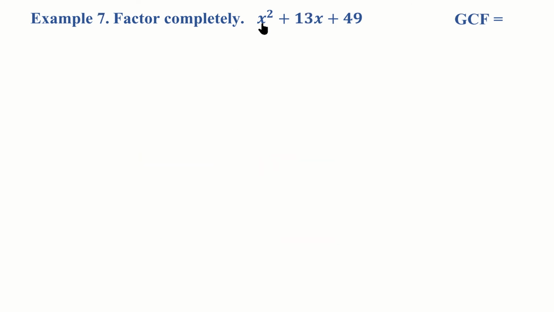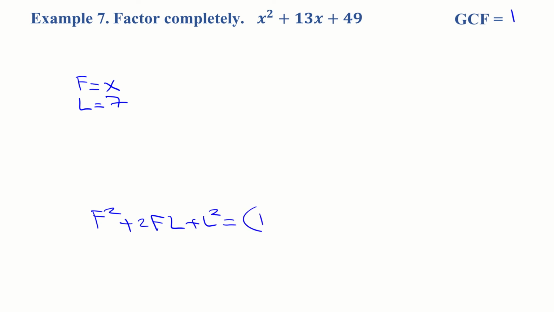You have to be extremely careful not to solely rely on the first term and the last term being perfect squares. Here again, the GCF is 1. So our proposed f is once again x, and the proposed l is 7. But if we try to satisfy the formula f squared plus 2fl plus l squared equals quantity f plus l squared, we want to make sure that middle term happens to be 2fl.